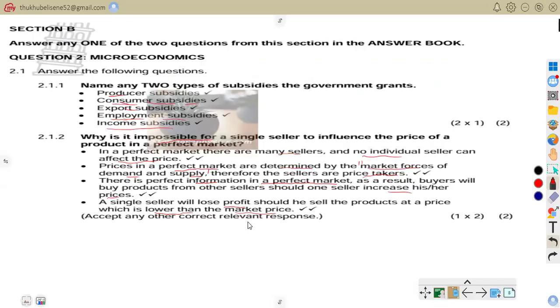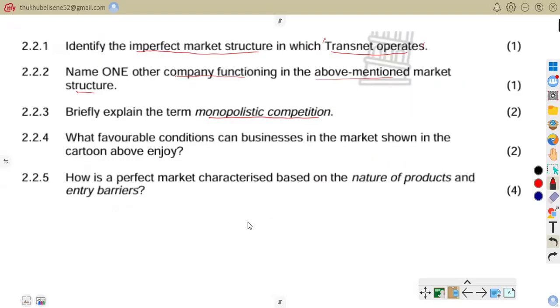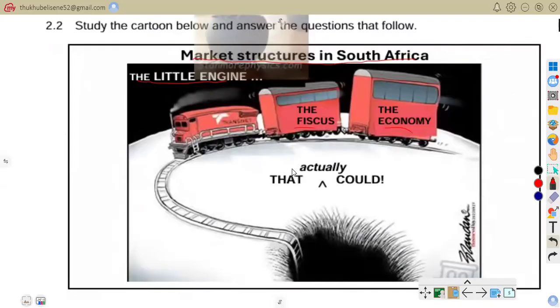Now let's quickly go to 2.2.4. What favorable conditions can businesses in the market shown in the cartoon above enjoy? We are talking about favorable conditions in a monopoly, where the firm has full control and no competition.